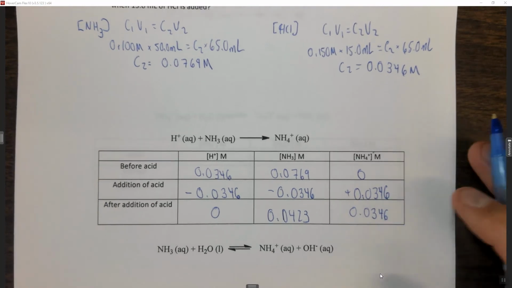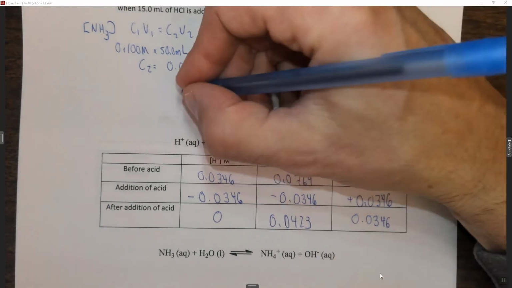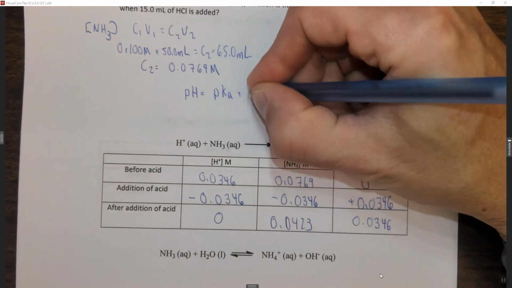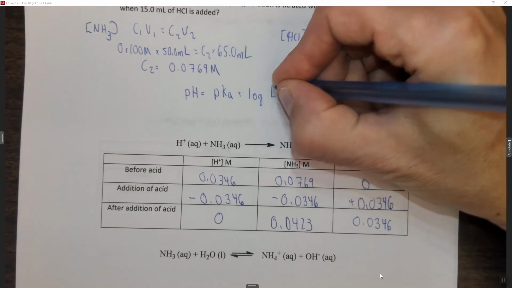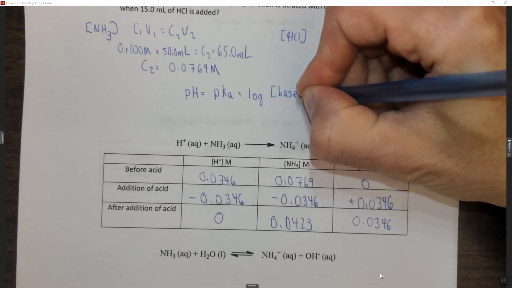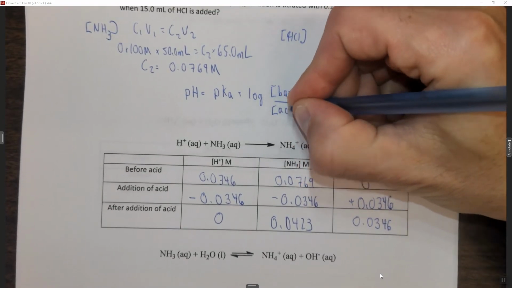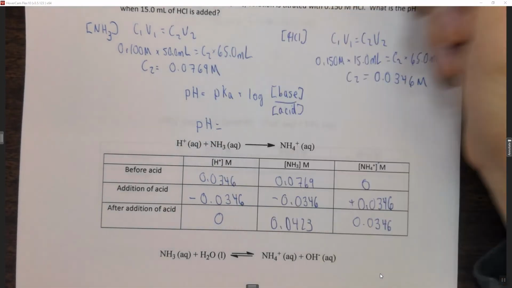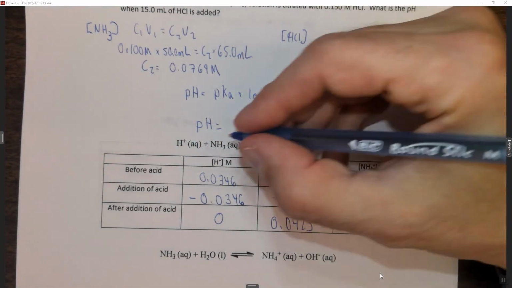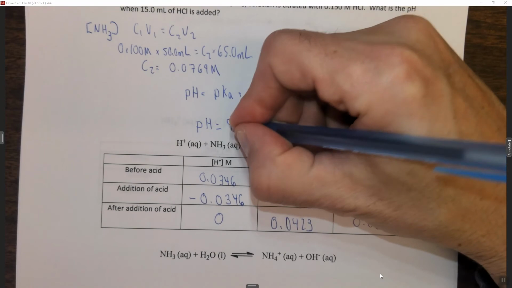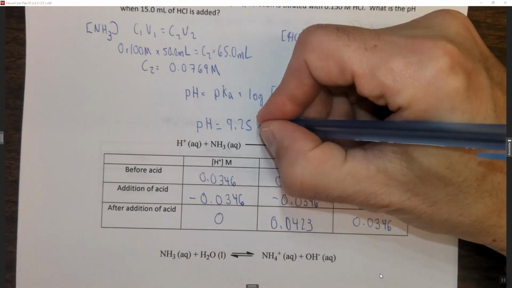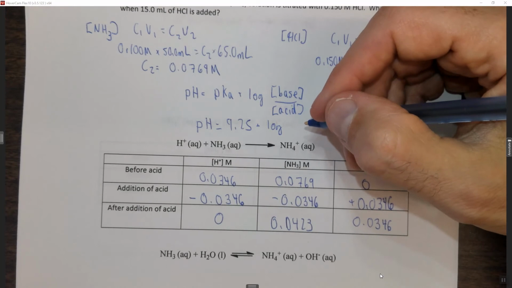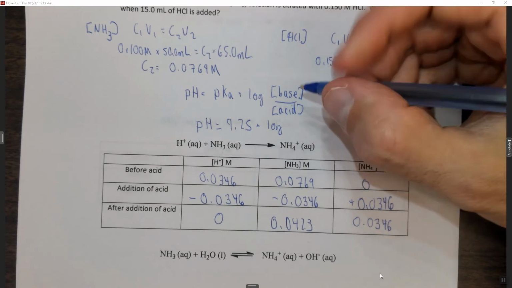Well, how do we determine the pHs of buffers? The pH equals the pKa plus log of the concentration of base divided by the concentration of acid, as you've seen before. So in this case, the pH equals the pKa, which is provided in the previous part of the problem, which is 9.25, plus the log of the concentration of the base.